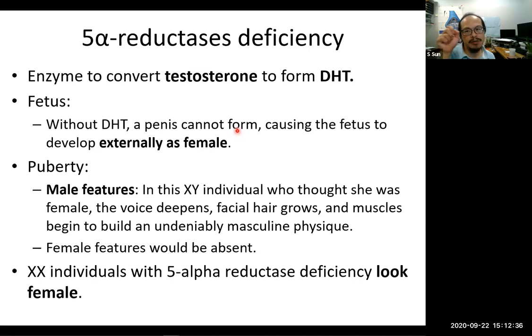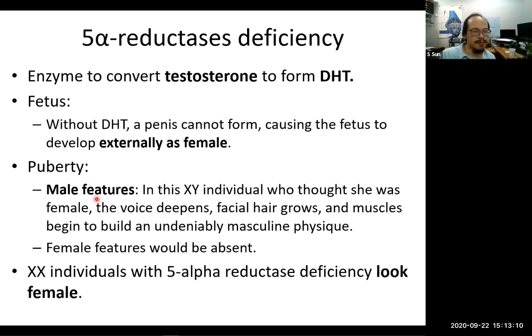By doing the ultrasound to check, we may see it as a girl, and we raise the baby as a girl. But during puberty, a lot of testosterone gets secreted and released from the gonads. These gonads stay inside of the body, not developed into the scrotum, and a lot of male features will be visible.